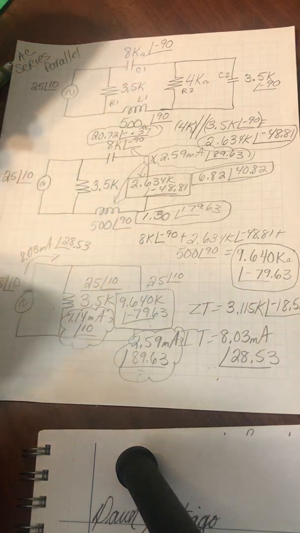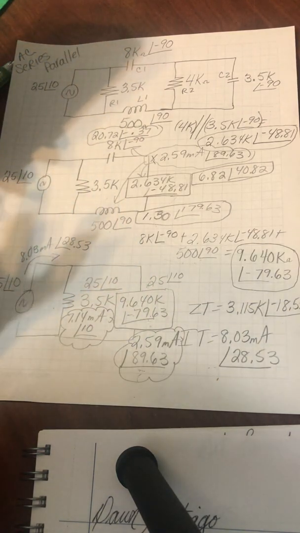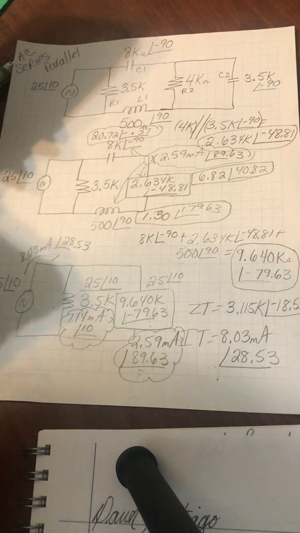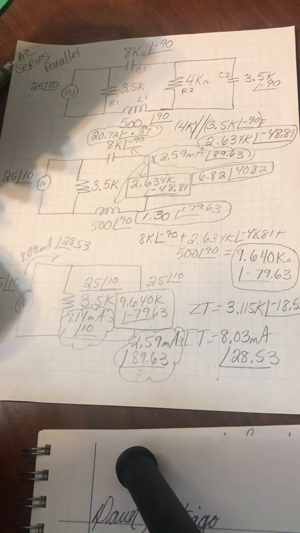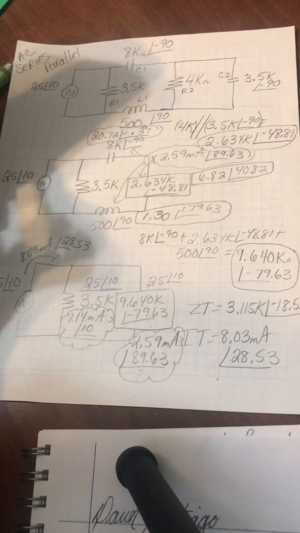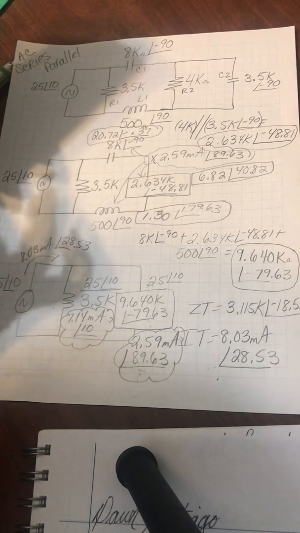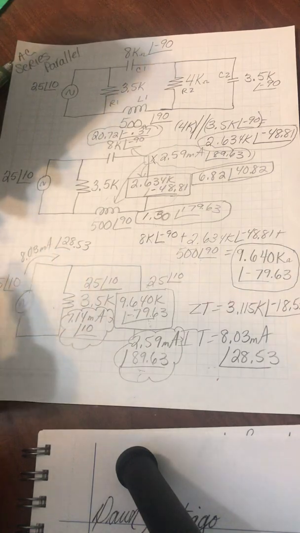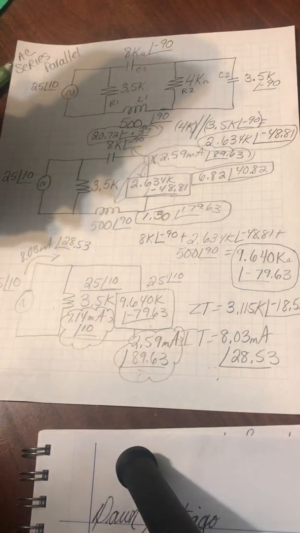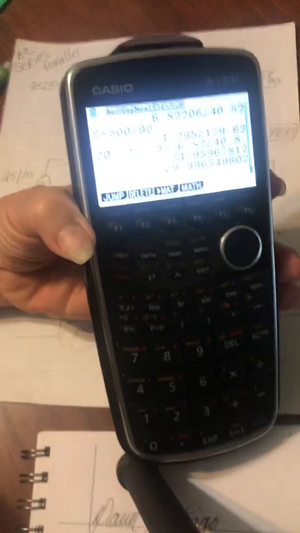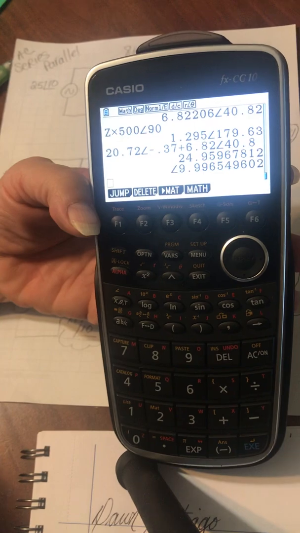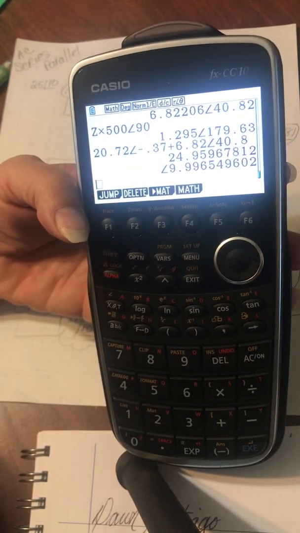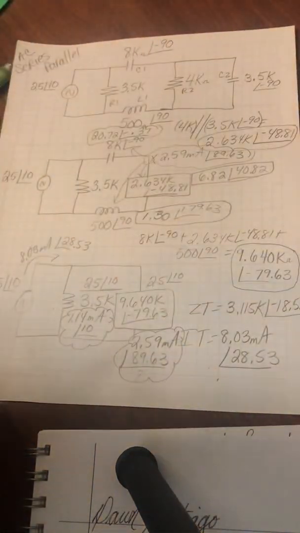Negative 0.37 plus 6.82 at an angle of 40.82 plus this voltage 1.30 at an angle of 179.63. When we add them up, we pretty much get it. It's 24.96. Or you can actually do this. Here's 25 at an angle of 10. Close enough. So they all match.